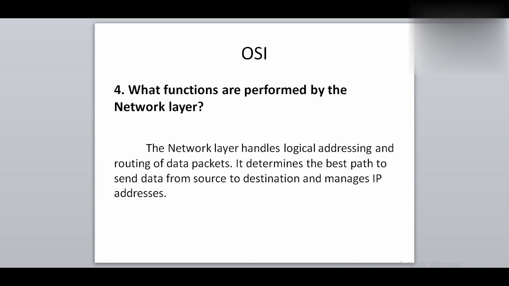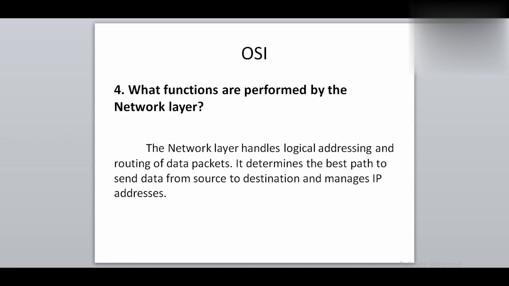Fourth question, what functions are performed by the network layer? The network layer handles logical addressing and routing of data packets. It determines the best path to send data from source to destination and manages IP addresses.